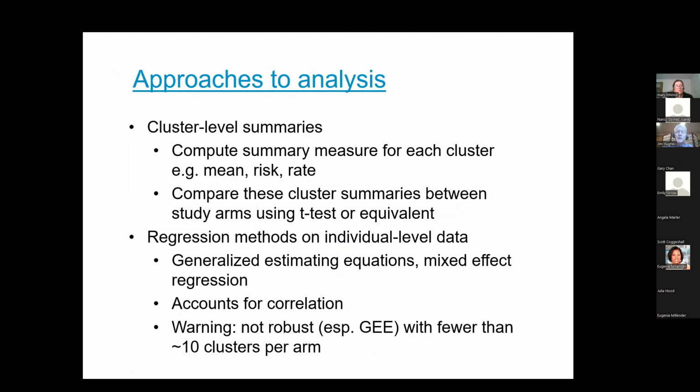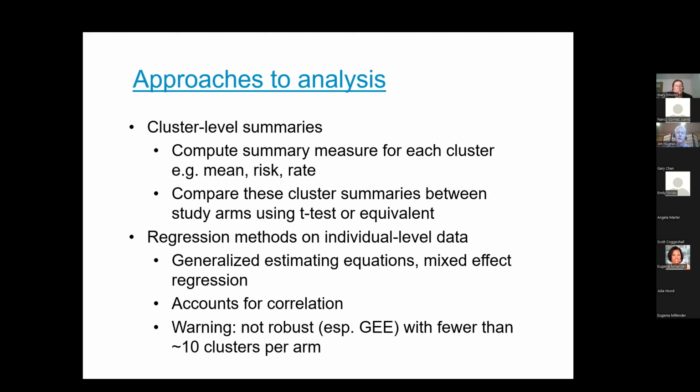In terms of approaches to analysis, if the size of the clusters, and I mean the number of observations in each cluster, are similar, then in fact, there is one fairly simple approach where you can just form a cluster level summary. So simply a mean for that cluster, or a proportion for that cluster, or rate for that cluster, and compare those cluster summaries between the two study arms using a fairly simple method, a t-test, paired t-test, something equivalent to that.